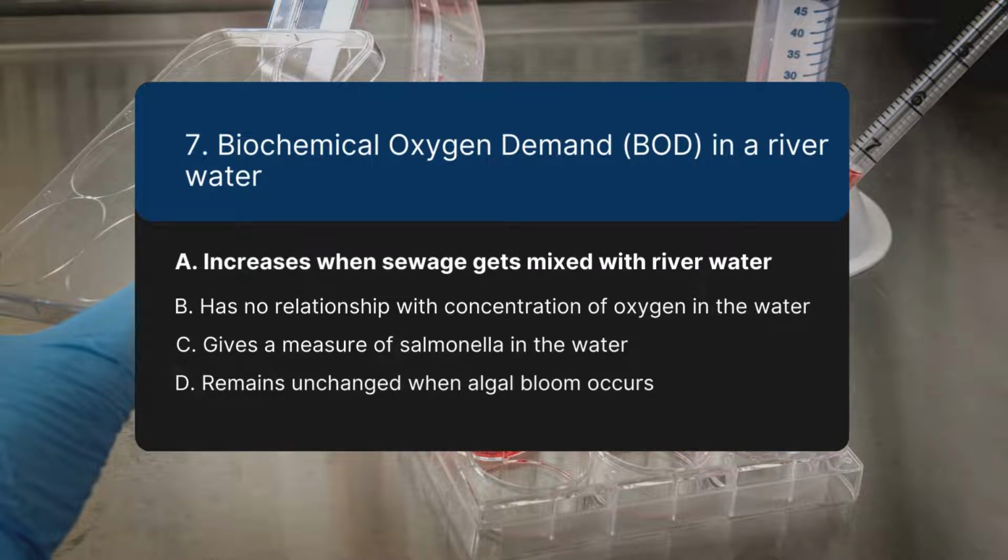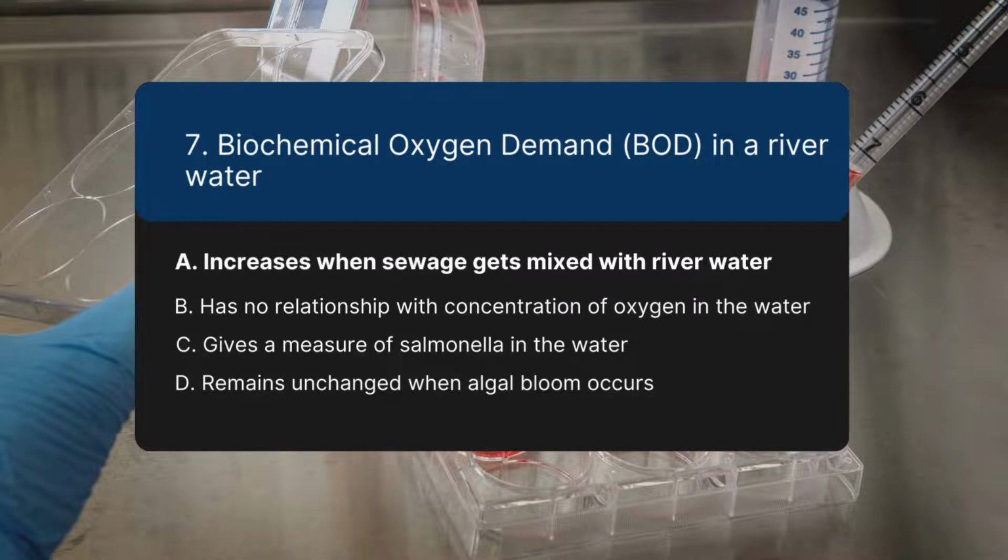Biochemical oxygen demand is the amount of dissolved oxygen needed by aerobic organisms to break down organic material present in the water. That means BOD has a relation with the amount of oxygen present in the water. So option B is incorrect. It has no relation with salmonella. So option C is also incorrect. Algal bloom is nothing but rapid growth of algae.